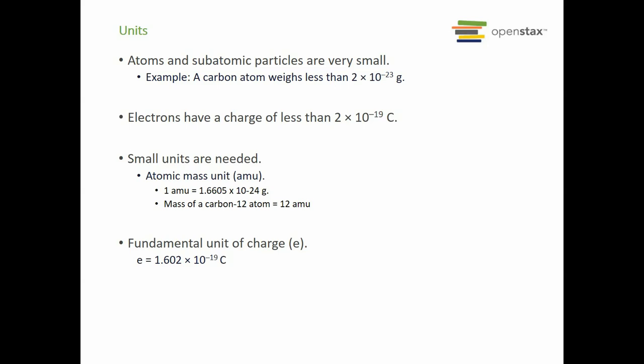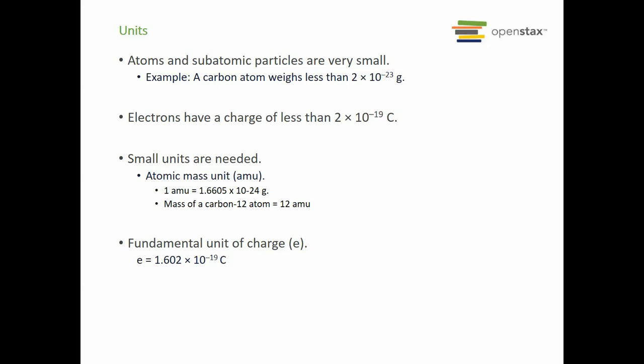Small units are needed. The atomic mass unit, and we will get into this more, is a very small number, 1.66 times 10 to the minus 24th grams, and the mass of a carbon-12 atom is exactly 12 atomic mass units.